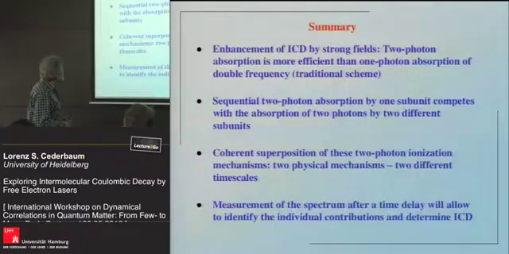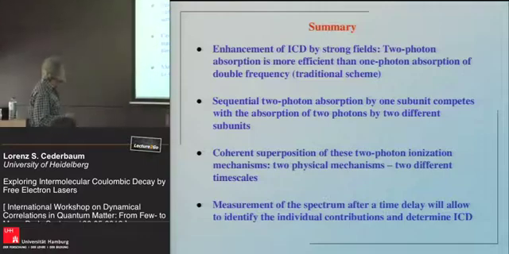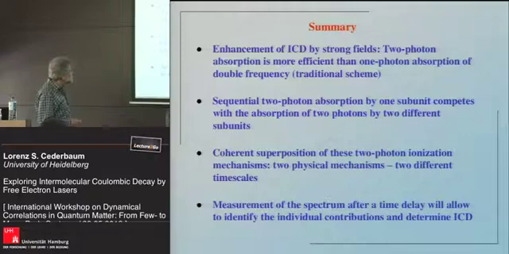And finally, let me summarize what we saw in the last part of the talk: that ICD is enhanced by two-photon absorption, which is more efficient than one-photon absorption of double frequency, which is of sufficient frequency to ionize directly the decaying state. Then, of course, we have a sequential two-photon absorption by the two neon atoms, and they strongly interfere.